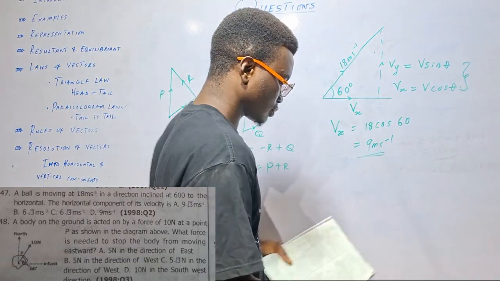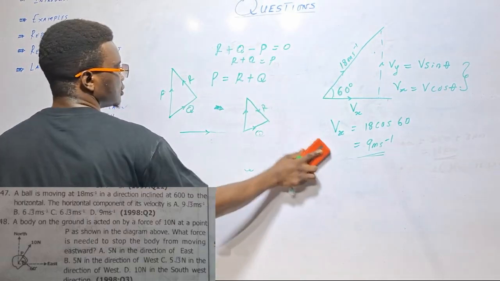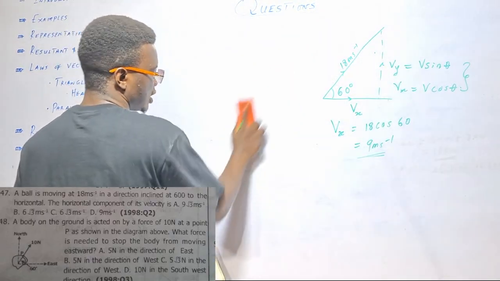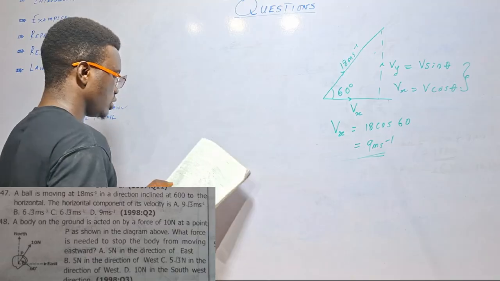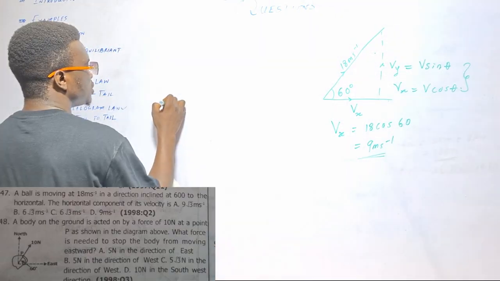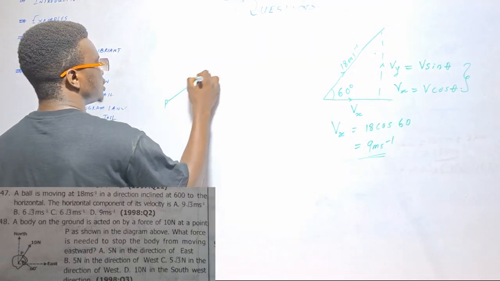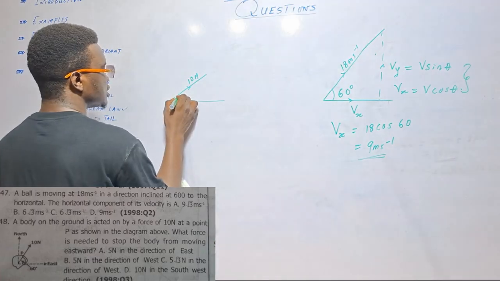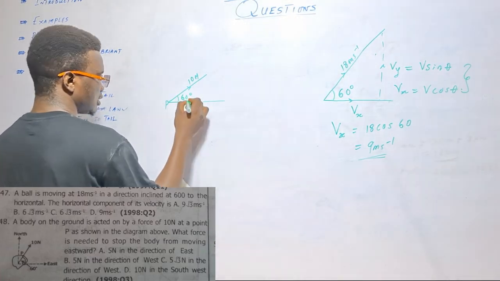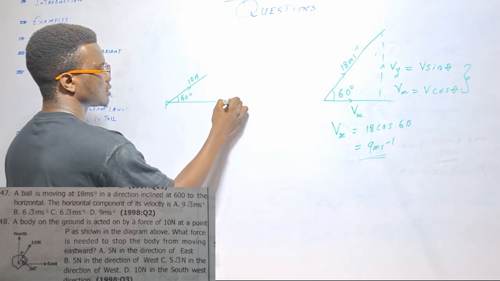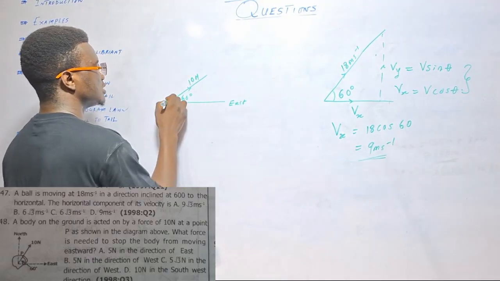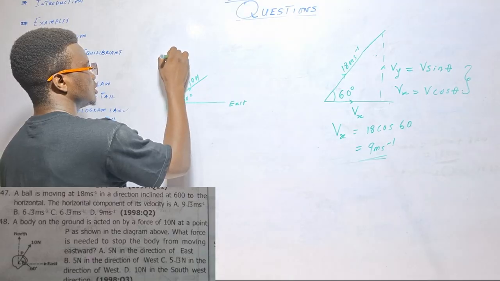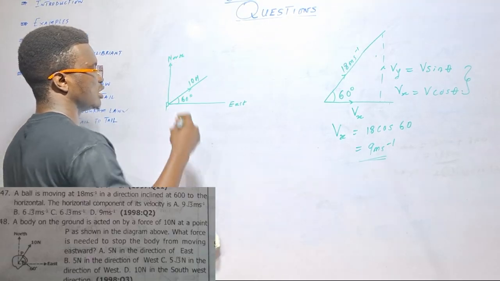So if I have the body P being dragged by a 10 Newton force, then there's an angle 60 degrees to the horizontal. This is east, and there is a northern force which we don't care about now.